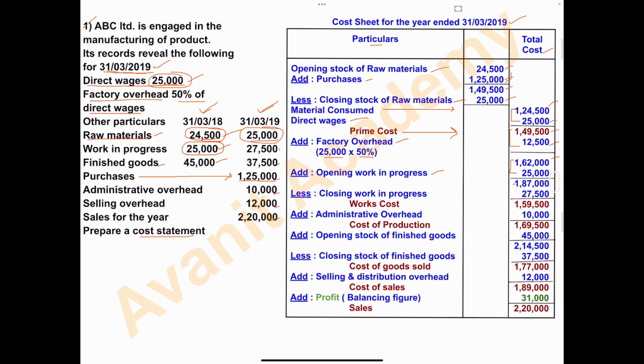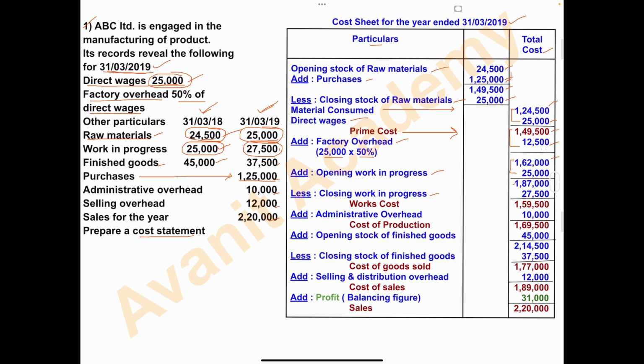Then less closing work in progress. The opening work in progress, we have to add, and the closing work in progress amount, we have to minus, we have to deduct. Closing work in progress amount is 27,500.